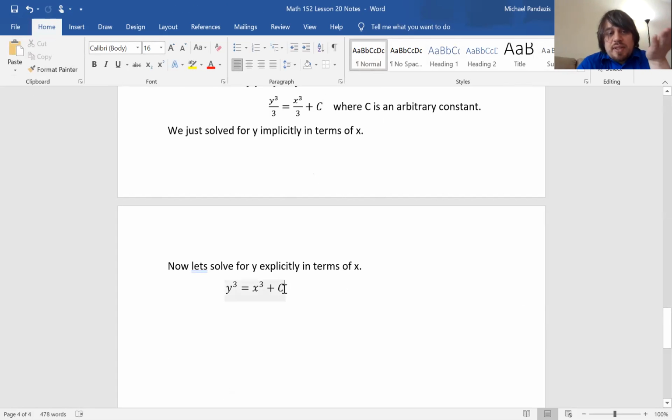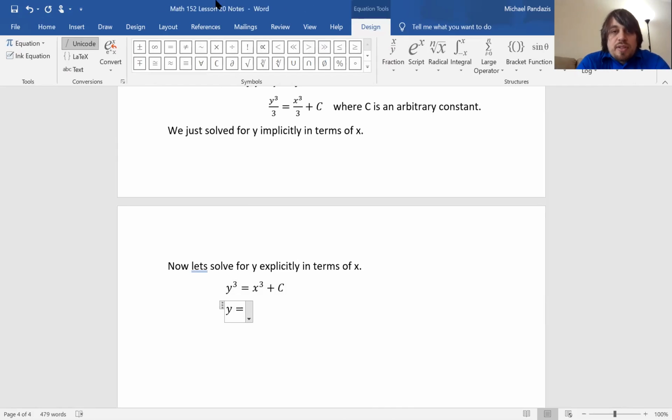The original equation is saying y cubed over 3 equals x cubed over 3 plus any constant you want. So if you multiply both sides by 3, you're still saying y cubed equals x cubed plus any constant you want. Saying 3 times any constant you want is the same thing as saying plus any constant you want. Okay, so y cubed equals x cubed plus C.